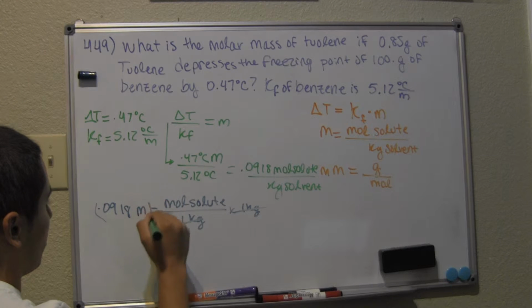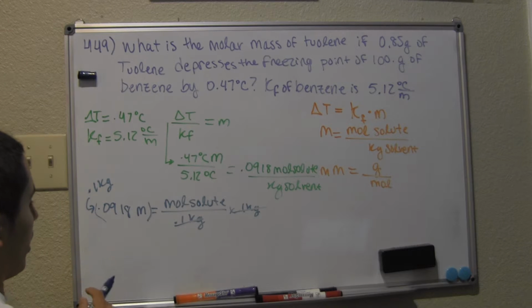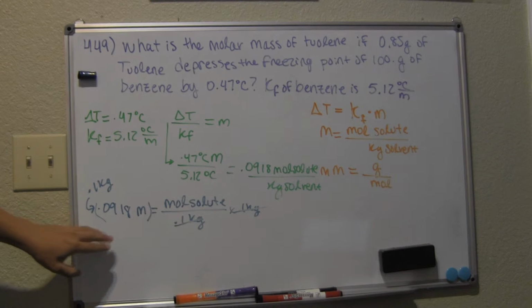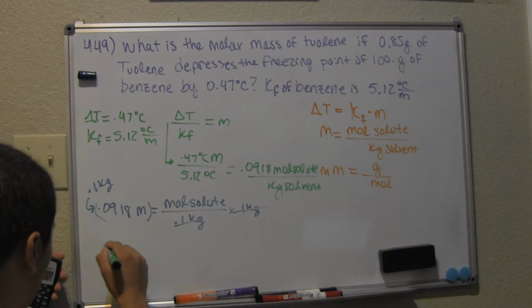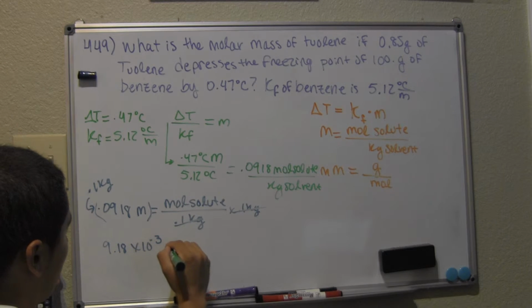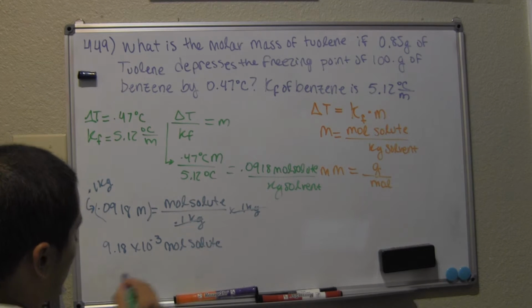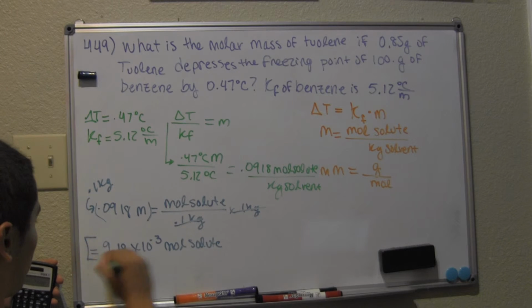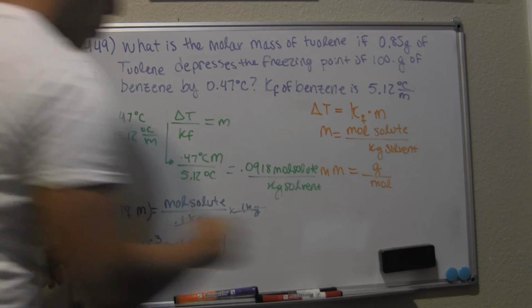So 0.1 kilograms times 0.0918 molal, we get 9.18 times 10 to the negative 3 moles of solute. That's what we get, so let me put this in brackets. I hope you copied all that down, because I'm going to be erasing now.